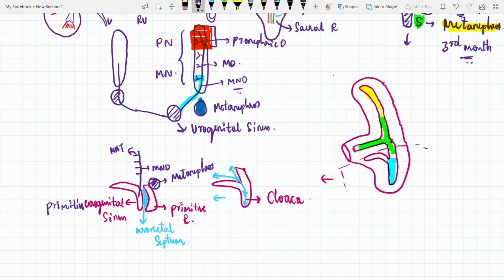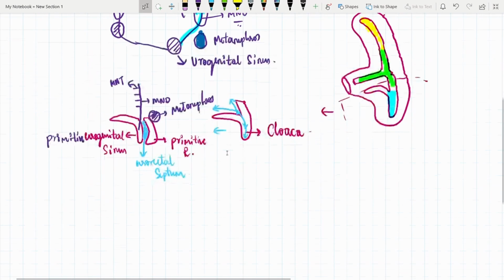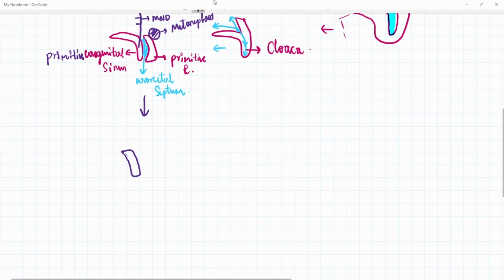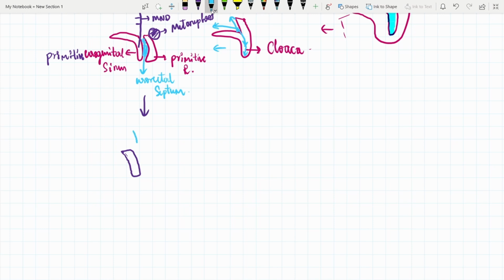Now what happens is, so this is the primitive urogenital sinus, and this is the mesonephric duct, which is connected to this urogenital sinus, and this one is metanephric kidney, that is developing stage, right?